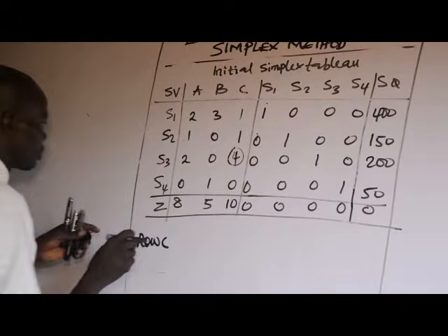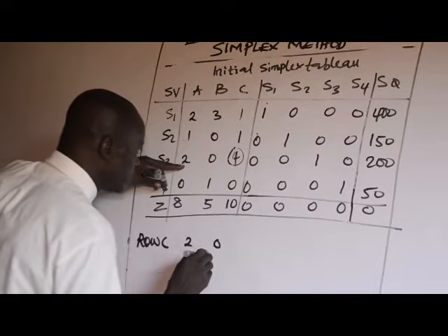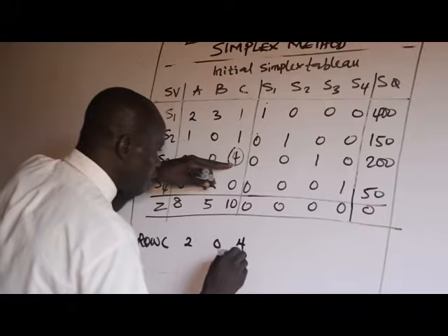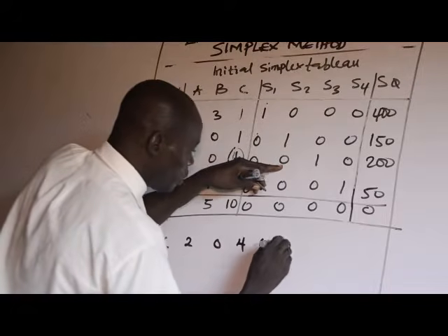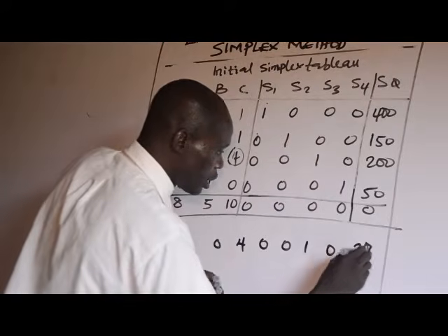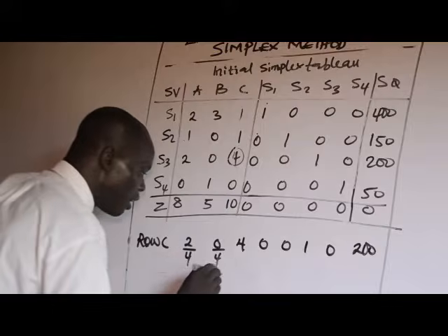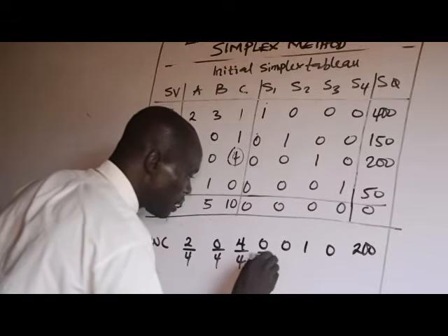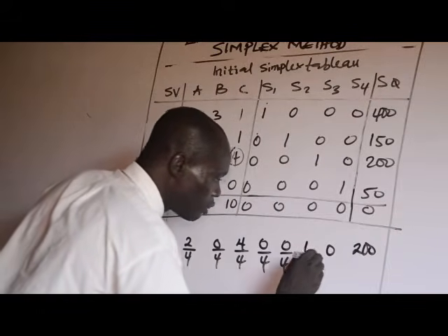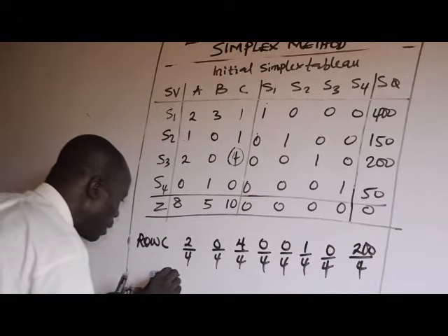Row C, the old values you have are 2, 0, 4, 0, 0, 1, 0, 200. You divide each by the pivot, which is 4. So if you divide it by 4, now our pivot is 1.